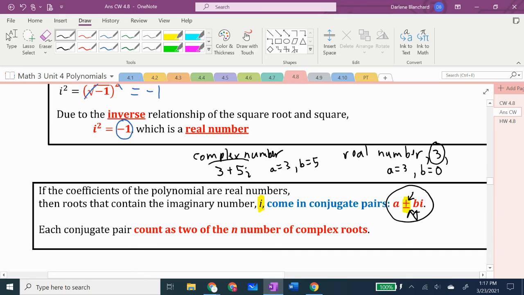So if 3 plus 5i is a root, then also 3 minus 5i is going to be a root. But that's only if you know that it is a root. And together they count as two complex roots. But a real number doesn't come as a pair of numbers, so it only counts as one of those complex roots.